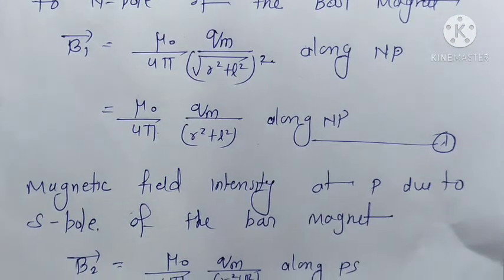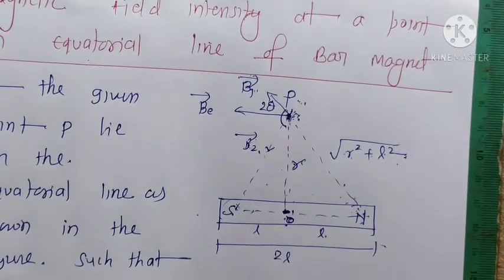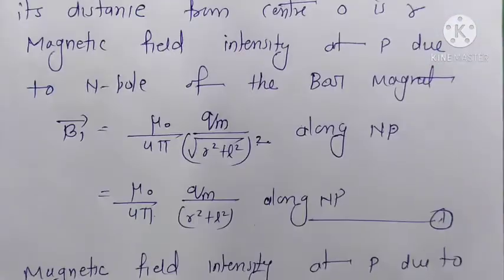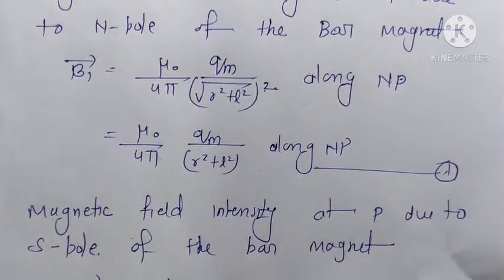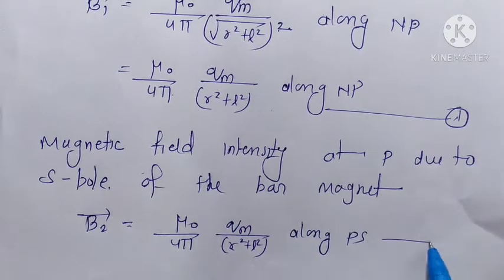Along PS, from P to S. We give it equation number 2.